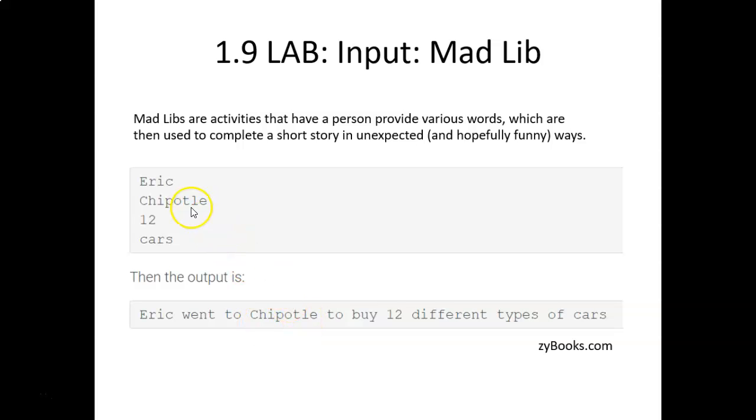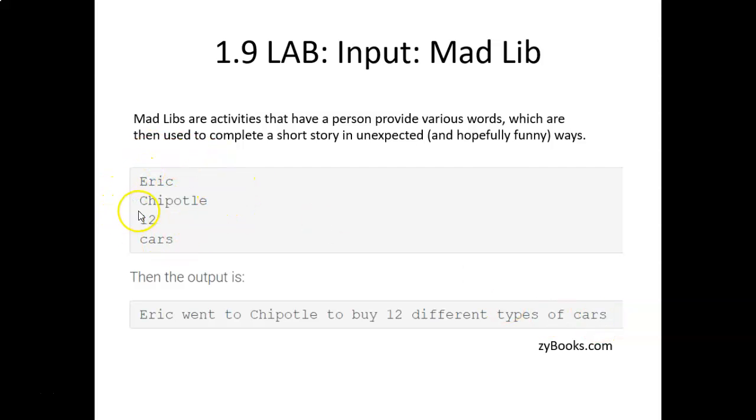Chipotle we were given, and then we're going to have a string here, "to buy", because we weren't given this value. 12 was given, so in this case we're going to print the variable that we stored it in. And then we're going to have another string, "different types of", and then we'll print the variable cars that was given. So think about this carefully.